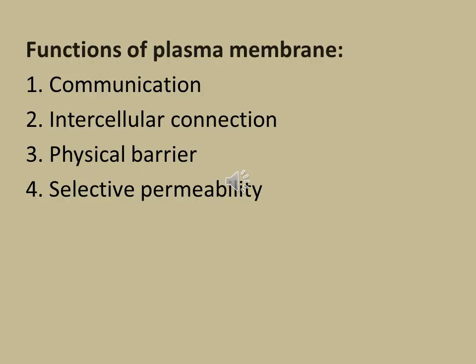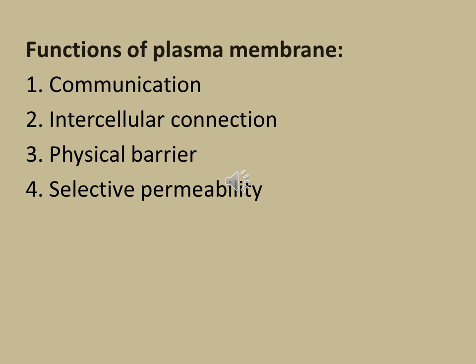Functions of plasma membrane. The plasma membrane has many functions, including: first, communication by receptors that recognize and respond to signals. Second, the intracellular connection: establish a flexible boundary, protect cellular content, and support cell structure.